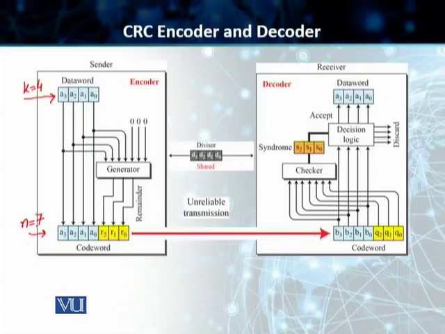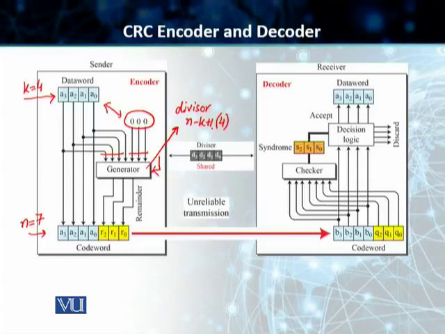Students, this n bit result is fed into the generator. We have added these 3 zeros to your code word. The 4 data bits and the 3 zeros are then fed into this generator. In this case, the generator will use a divisor, and modulo 2 arithmetic division will happen here. The divisor has a size of n minus k plus 1, which in this case is 4.